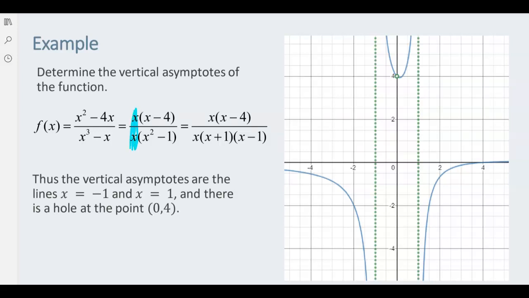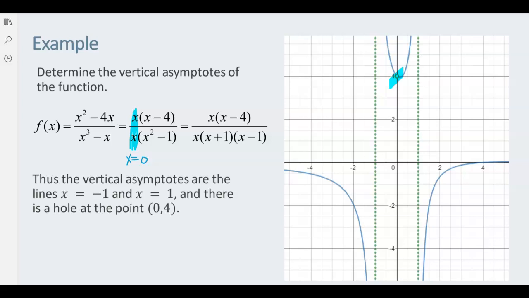And so technically there would have been an asymptote also at x equals 0 because that's a number that we can't plug into the original function. But that factor canceled. But because it's part of the original function that we started with, we have a hole rather than an asymptote in the graph at that point. The graph is still undefined at that point.